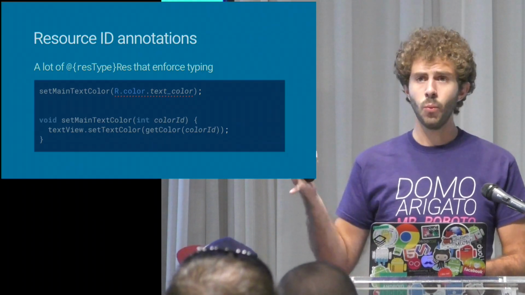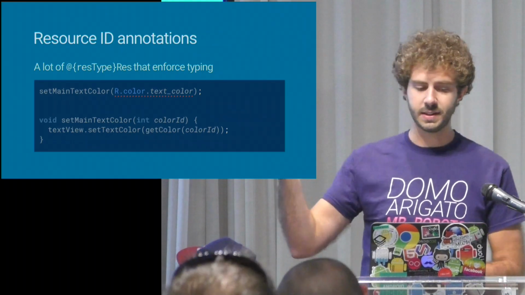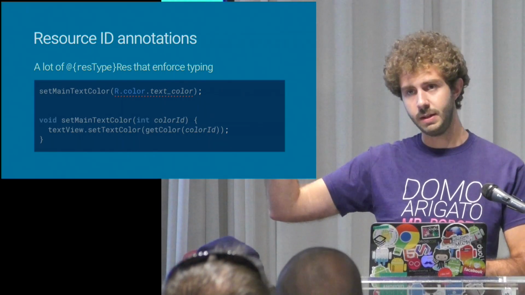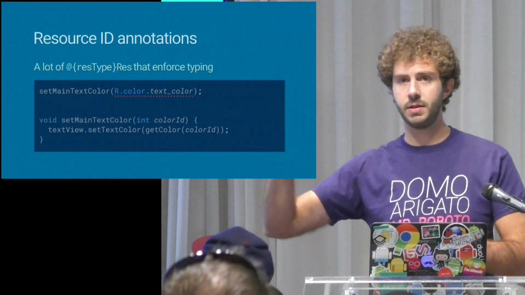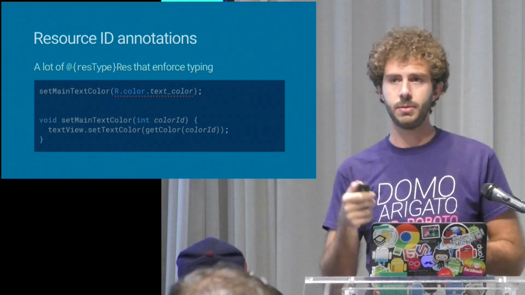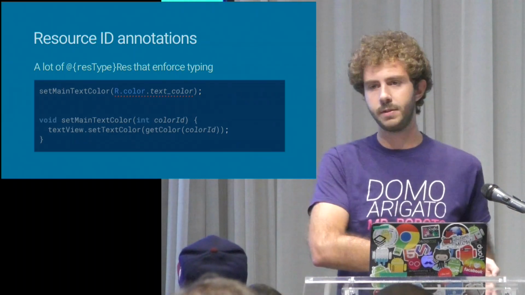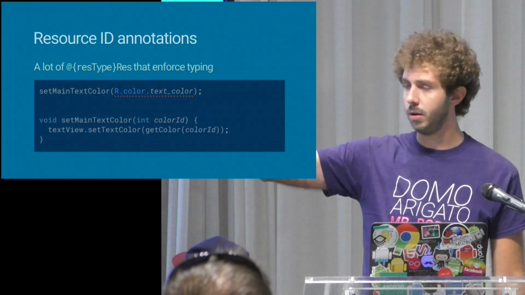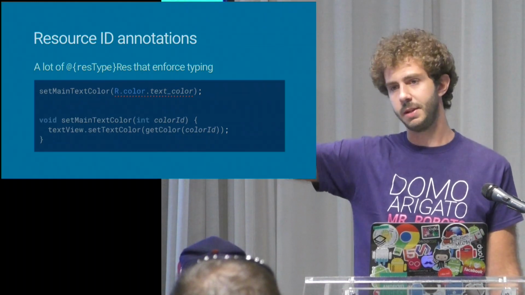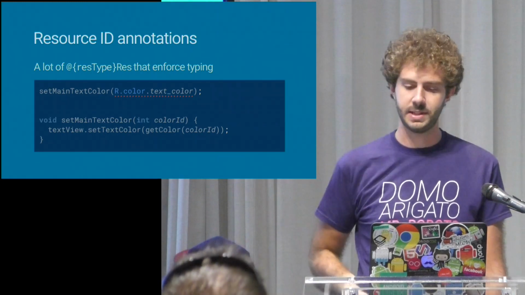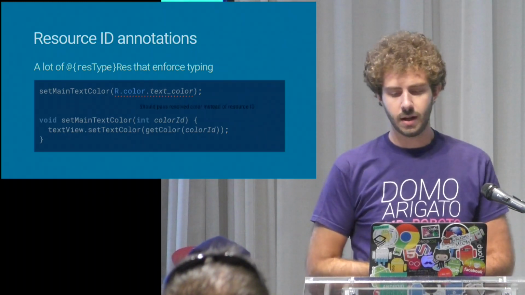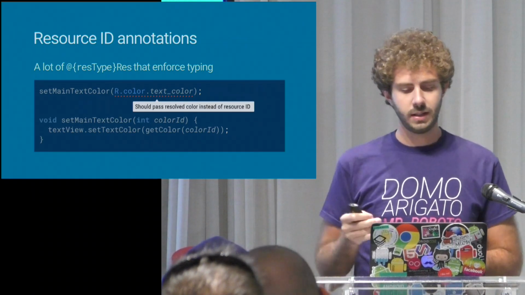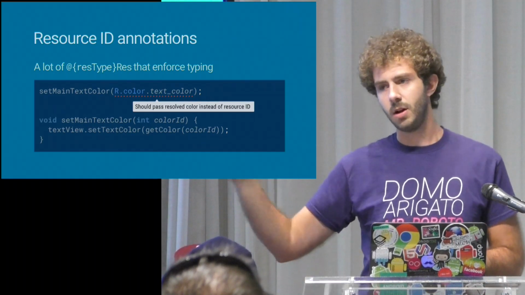So in this case, you have a method that is supposed to take a resource ID, and you might be passing in the resource ID if you're doing it right, but you might also be passing in the resolved color, which in turn will crash the application because getColor will not find a resource that matches the color you're passing in. The IDE will say, well, this is a set text color.